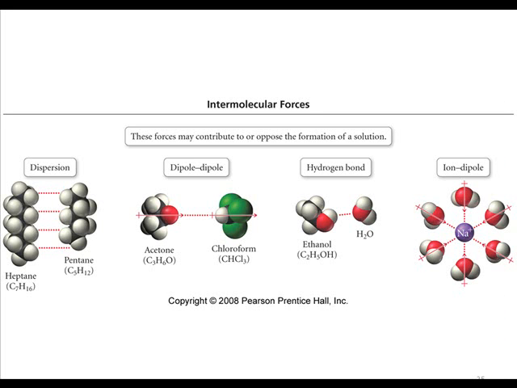So, in summary, you have four major types of attractions. You have dispersion, which are instantaneous, unequal distributions of electrons in the molecule itself that creates an instantaneous attraction for nearby molecules. These are your London dispersions, also called the van der Waals.